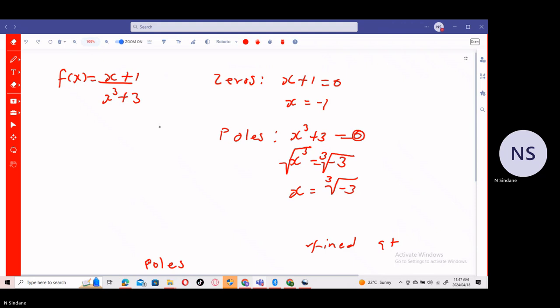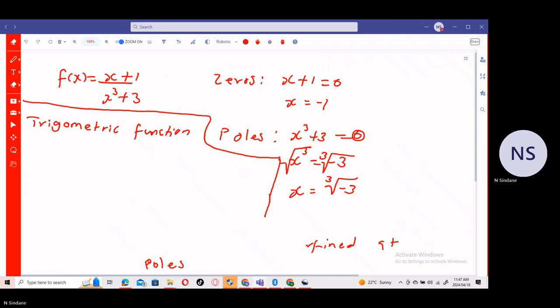Lastly, we did polynomials and rational functions. Now we will talk about trigonometric functions.